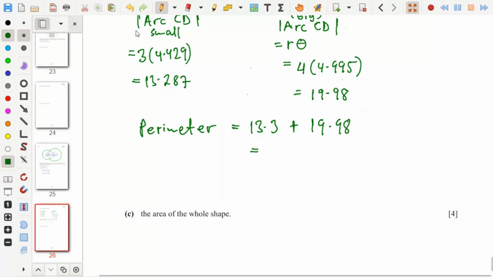Let me add this and see. 13.287 plus 19.98. So I'm getting 33.3, corrected to three significant figures.